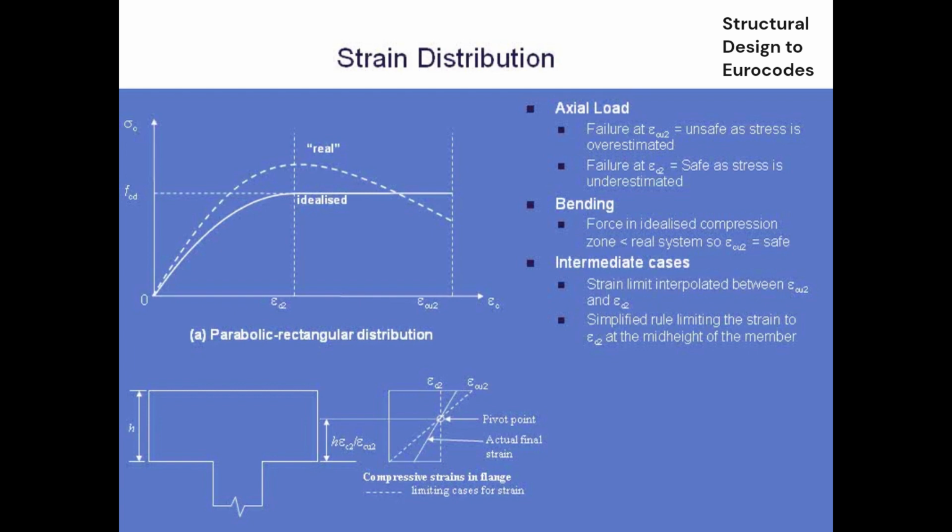If this is a flange which is wholly in compression, and the flange thickness is h, and we have these two strain limits, epsilon c2 and epsilon cu2, then we have to calculate a height in the flange equal to h times epsilon c2 over epsilon cu2. At that point, the strain mustn't exceed epsilon c2. So we're not checking at the extreme fibre anymore, we're checking at this fictitious point, and that defines a pivot at that point there.